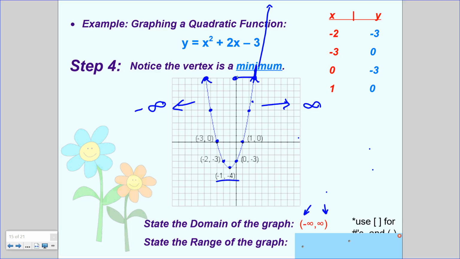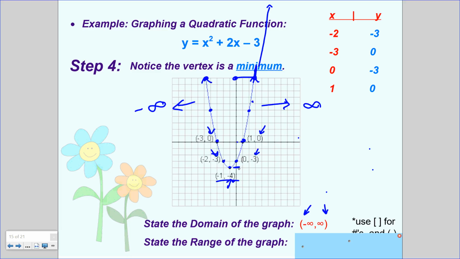But whatever this y is, it is going to fall on this graph. If I look here at y of 0, I actually have 2 points right here that have y's of 0. I can come down here and look at y of -3 and see that yes, there are points that include y of -3. I can come down to -4 and see there is a point that has a y of -4.